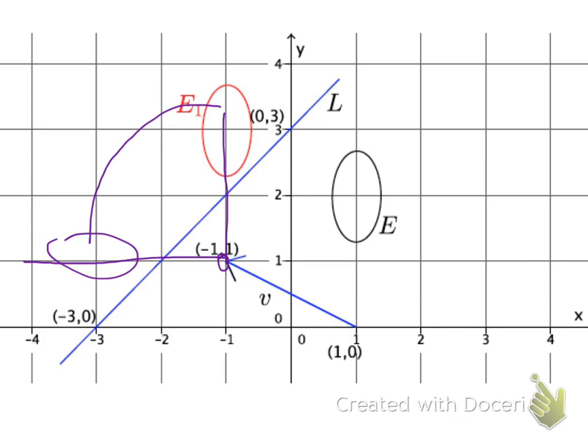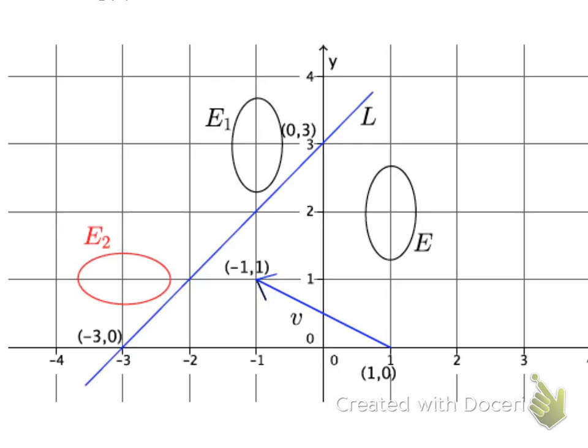So let's look at what that looks like. There we go. So here was our first transformation, E1. And then the rotated image of E1 came down there.